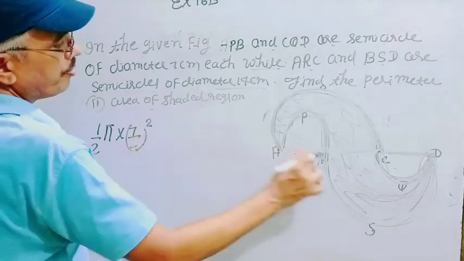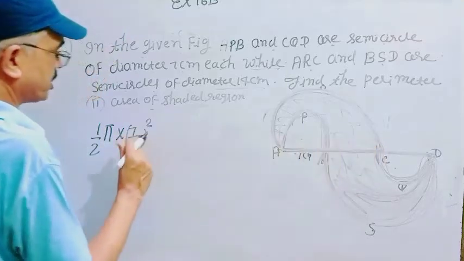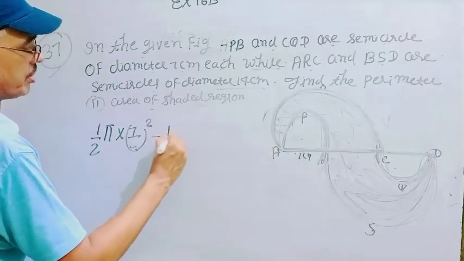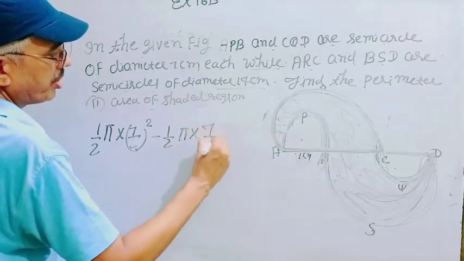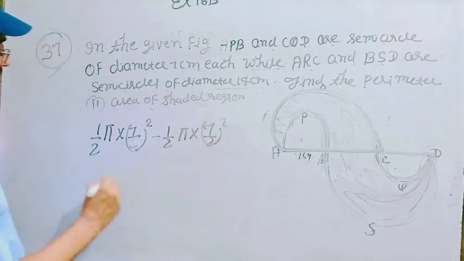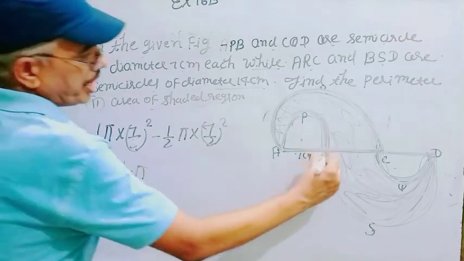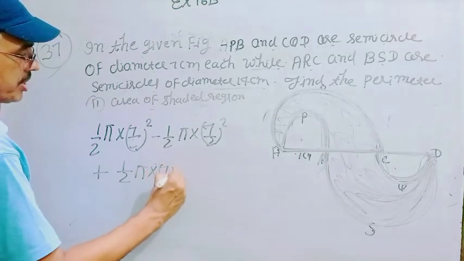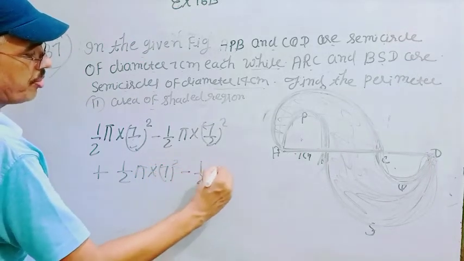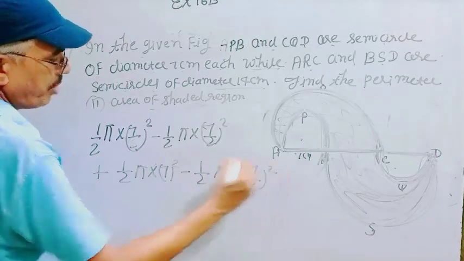Here r is 7, because diameter is 14, so radius is 7, minus 1 by 2 pi into 7 by 2 whole square, and again plus 1 by 2 pi into 7 square minus 1 by 2 pi into 7 by 2 square.